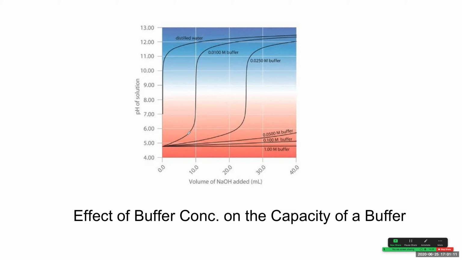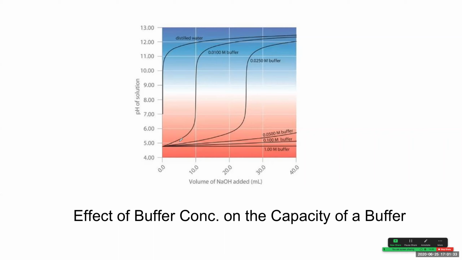So in the next curve, we have a weak buffer solution, a 0.01 molar buffer. You can see that as you add sodium hydroxide, the buffer pH doesn't change too much. It starts off at about 4.7. That sounds like an acetic acid sodium acetate buffer solution.